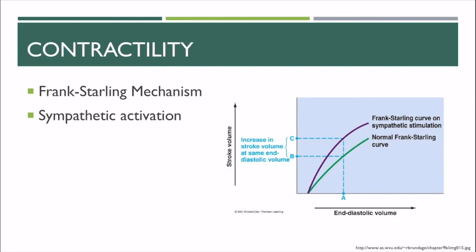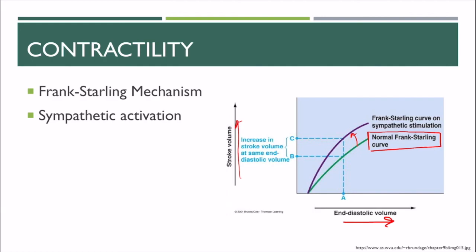And then the last piece that we have to play with is the contractility. Contractility, again, is the force of the contraction. So this green line now is our normal curve that we've been describing over and over again: as the volume in the heart goes up, so does stroke volume. But what we can add on to this is contractility, right? We can augment the effect of the volume.